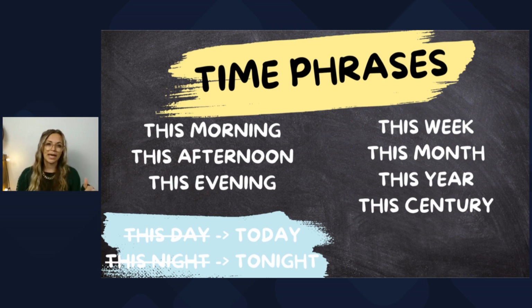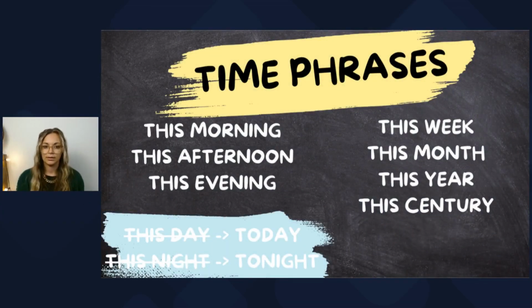And we don't say this night, we say tonight. So either this evening or tonight. Either today or this afternoon. Okay. We often use these phrases to describe something that's coming or something we're already in.